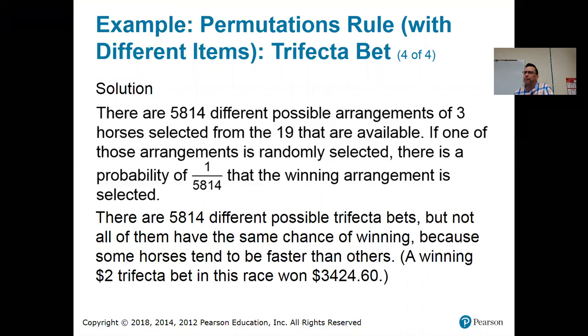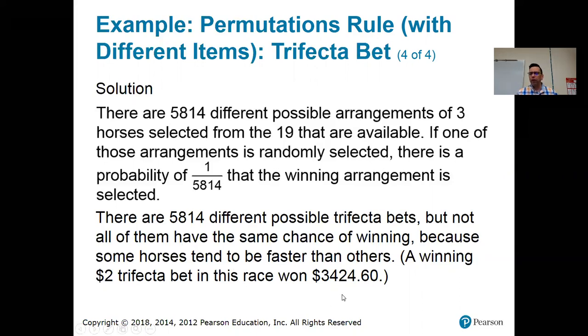If you think back to when we talked about actual odds against and payoff odds, a winning $2 bet in this race only won a little bit more than $3,400. If these 5,800 outcomes were equally likely, and the racetrack was not trying to make any money, using actual odds as the payoff odds, that $2 bet should have paid over $11,000.